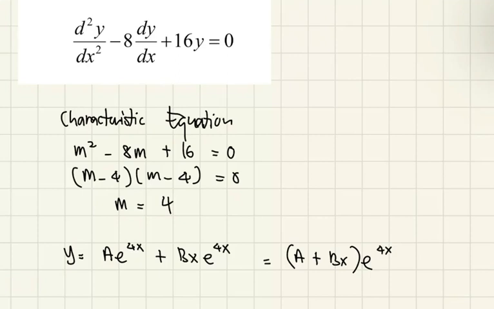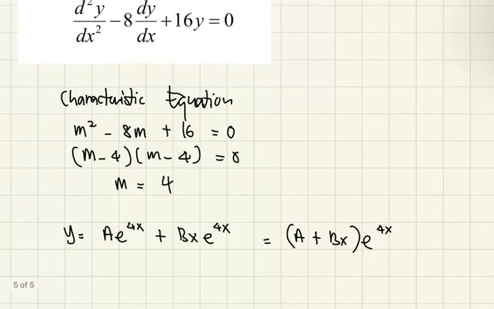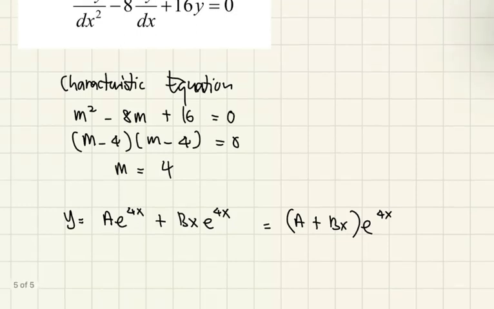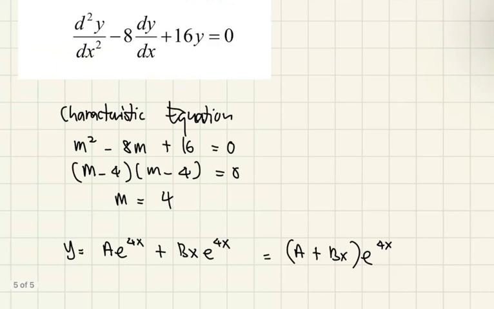Both are acceptable. So this is the second case, which only occurs if b squared minus 4ac equals 0.